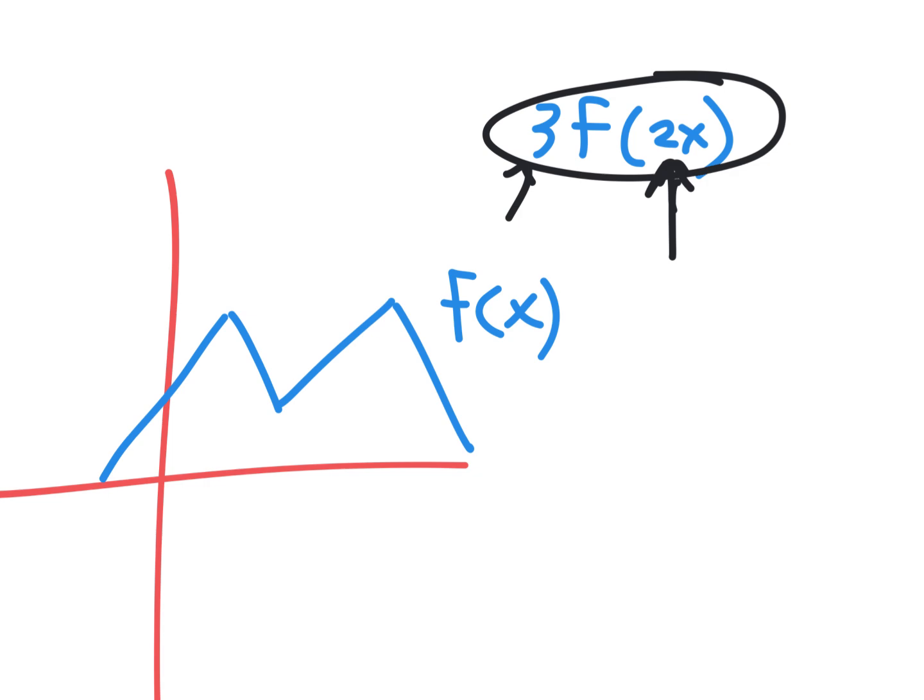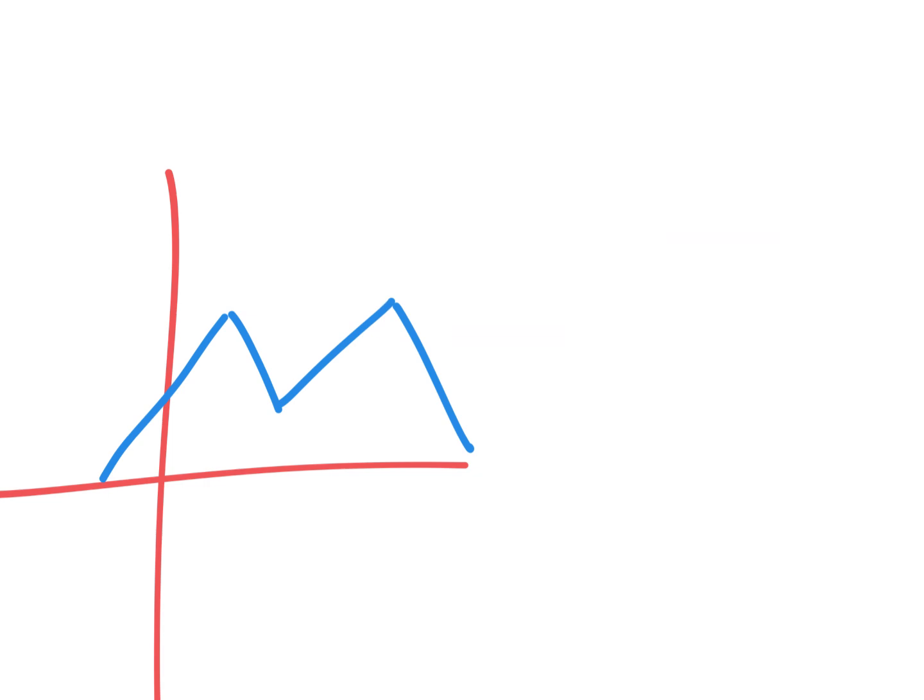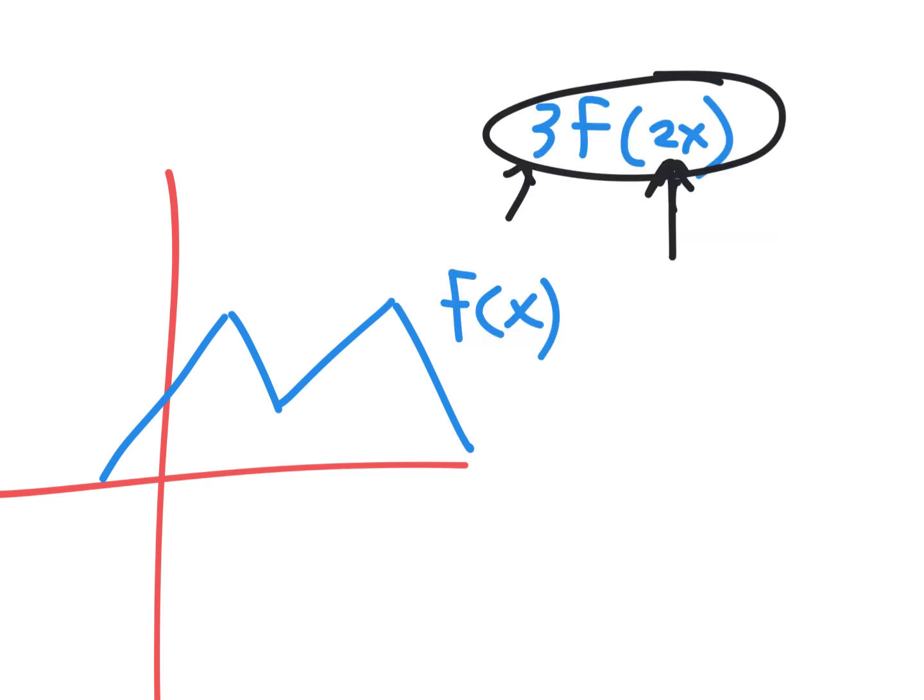A close but wrong answer is horizontal shrink. They were right so far by a factor of 2. So close. It is a horizontal shrink. But by a factor of what? 1/2. Very good.